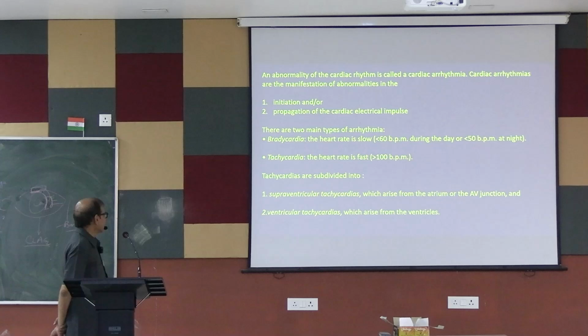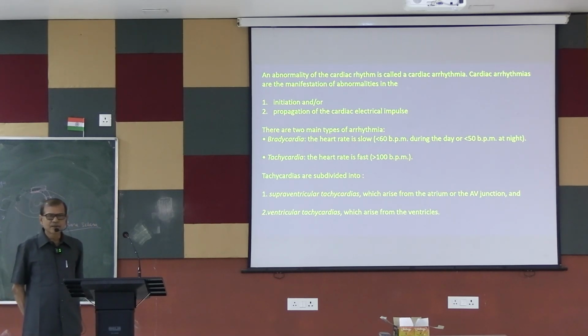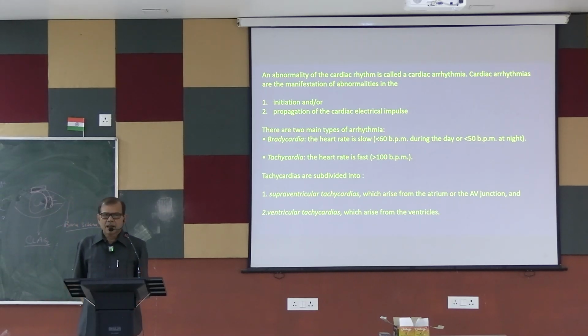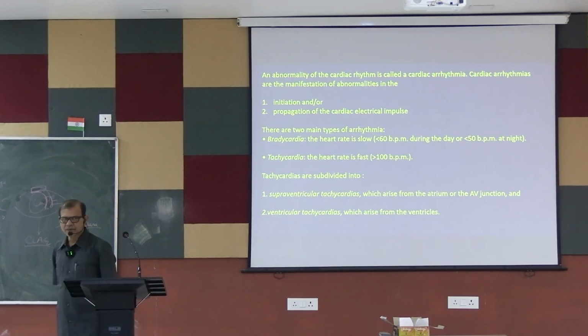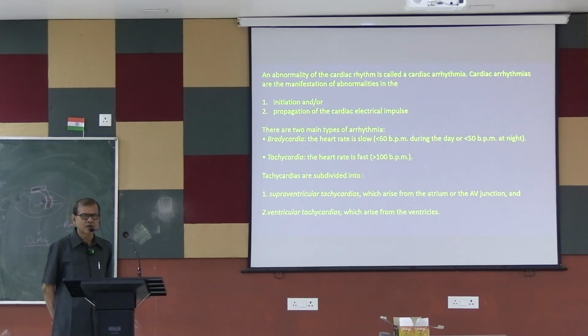Again, tachyarrhythmia can be subdivided into two: supraventricular tachyarrhythmia and ventricular tachyarrhythmia. At or above the level of the AV node and AV junction, this is supraventricular tachyarrhythmia, and below the AV junction or AV node, this is ventricular tachyarrhythmia.